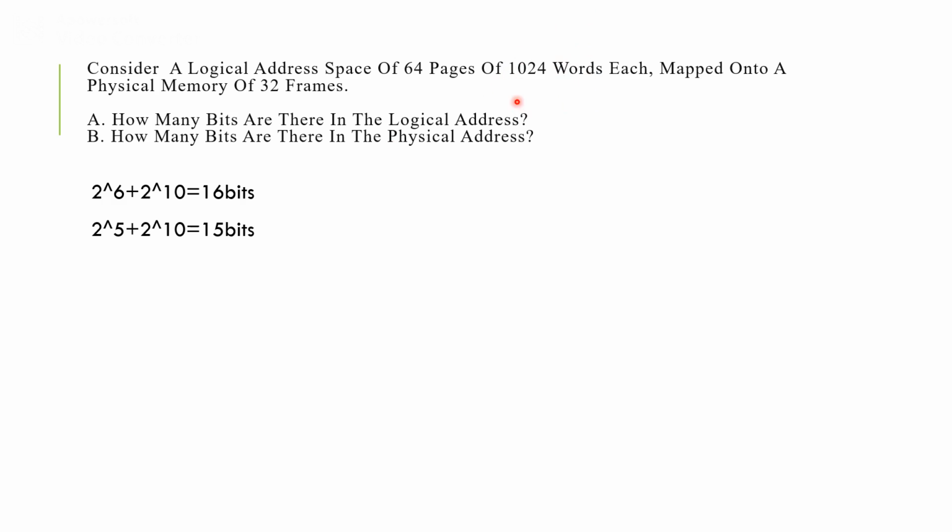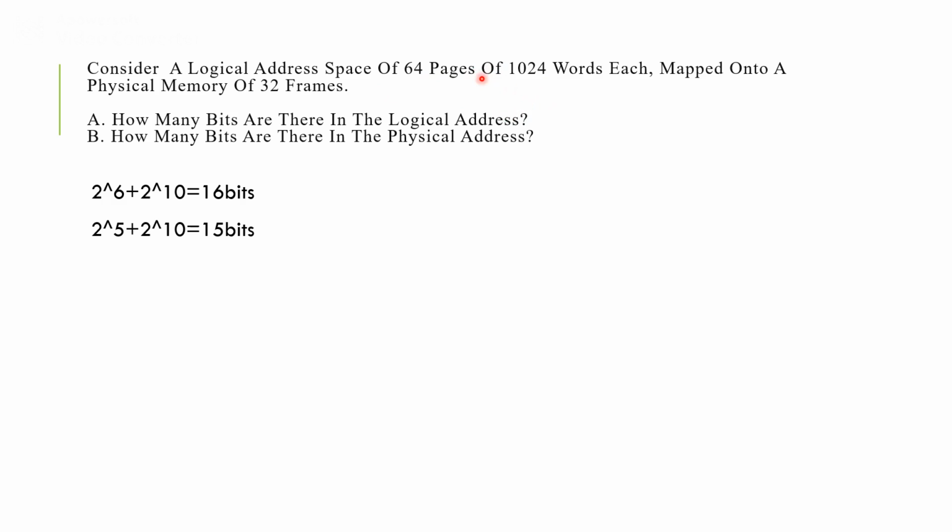And how many words are there? 1024, or 2 raised to 10 words, so 10 bits are used to represent the words. So the logical address can be represented in 6 plus 10, which is 16 bits. So 16 bits are used to represent the logical address.